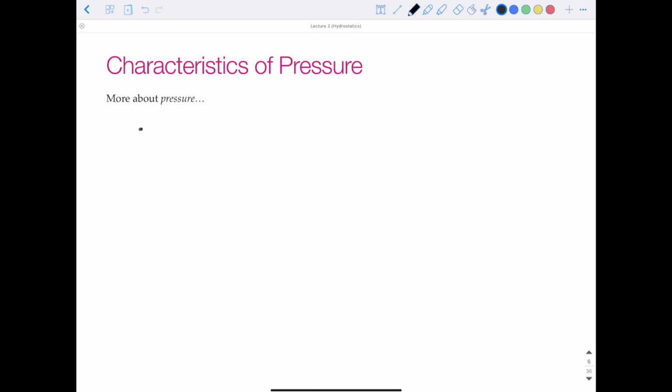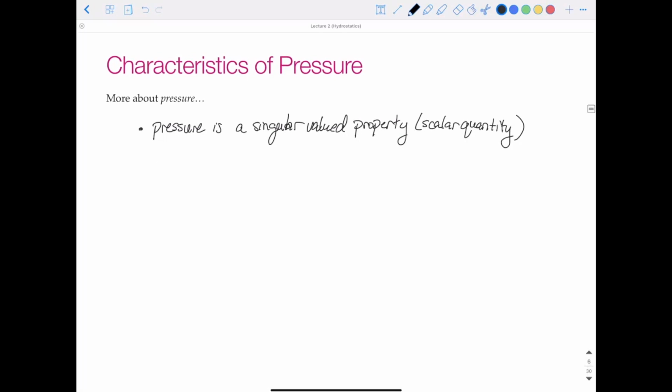Pressure is a singular valued property, so we can just call this a scalar quantity, and that is independent of direction.